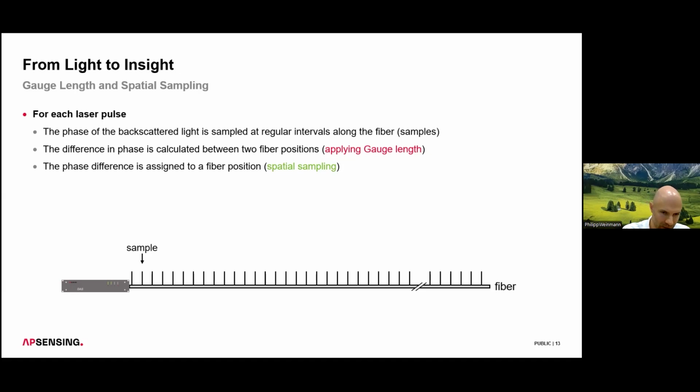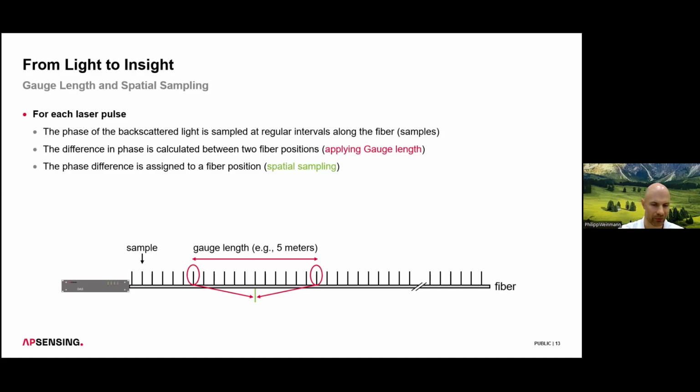Now what we do is we take two of these samples that have a certain distance to each other. And this distance is called gauge length. So we take two samples that are separated by the gauge length, and we calculate what is the phase difference between these two samples.